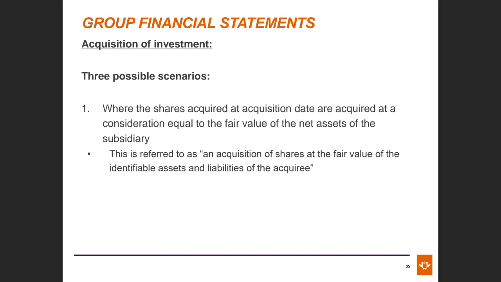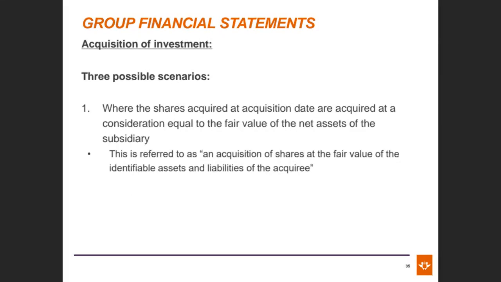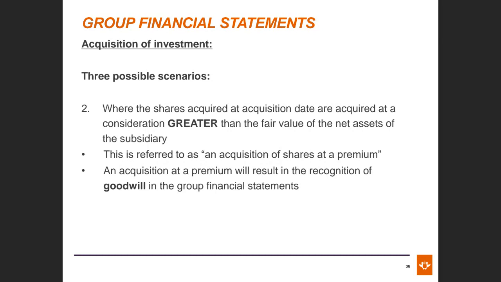If the consideration paid is equal to the fair value of the net assets acquired, this is referred to as an acquisition of shares at fair value of the identifiable assets and liabilities of the acquiree. In this case, there would be no gain on bargain purchase or goodwill, because the shares are acquired at a consideration equal to the fair value of the net assets of the subsidiary. It is only where these two differ that goodwill or gain on bargain purchase will result.